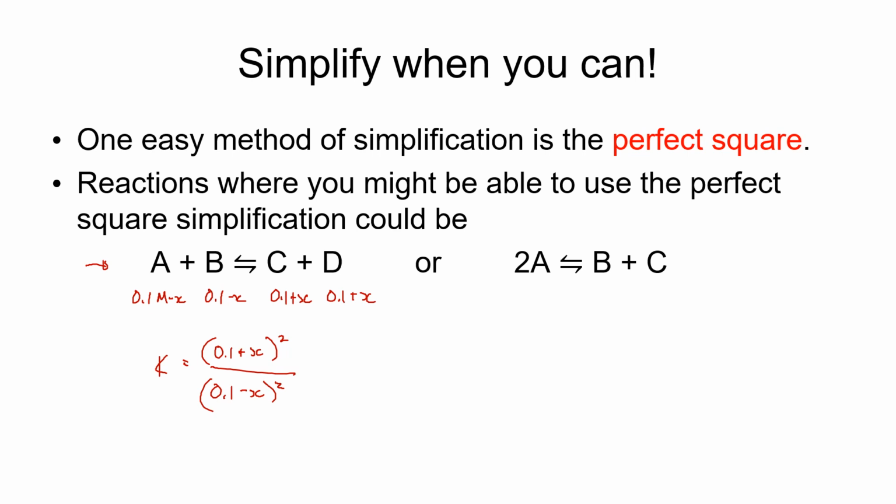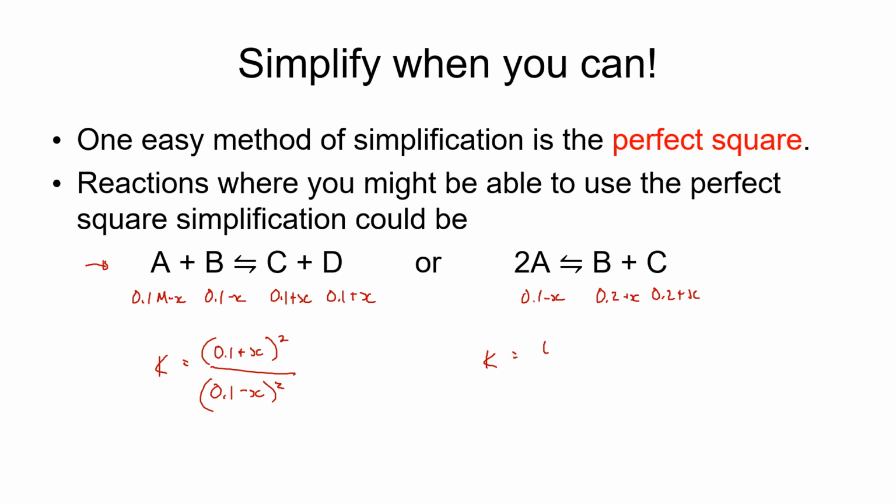So if you see you have squares on the top and the bottom, you can use a perfect square solution. Likewise over here, we have a constant, and let's say you have 0.1 minus x on this side, and this was maybe 0.2 plus x and 0.2 plus x. They do have to be the same or else it won't really work.